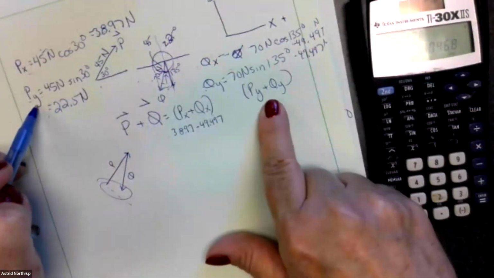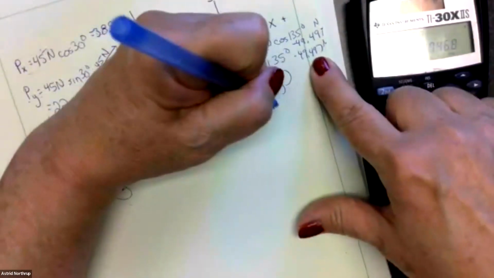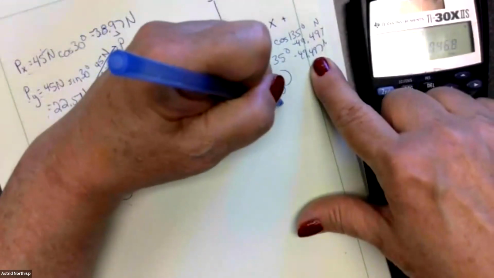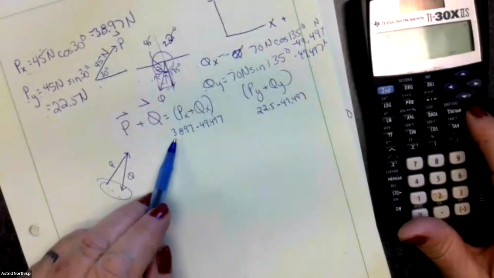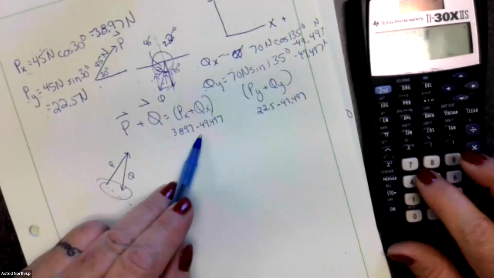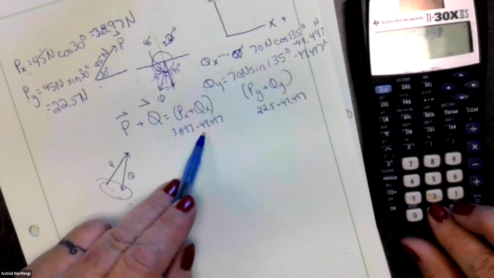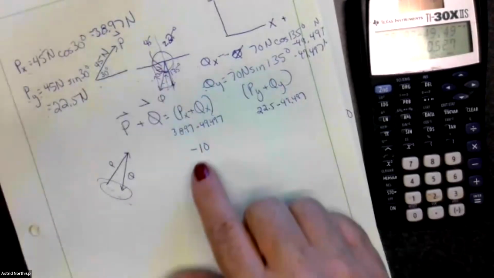And P sub y is 22.5. And Q sub y is negative 49.497. So if we add these values together, 38.97 minus 49.497, this value is negative 10.527.